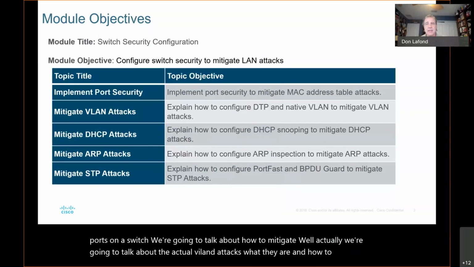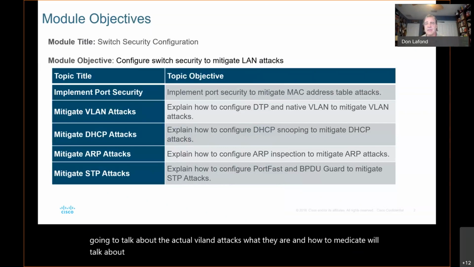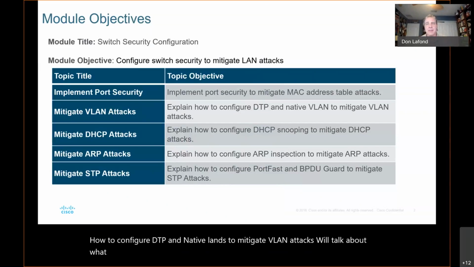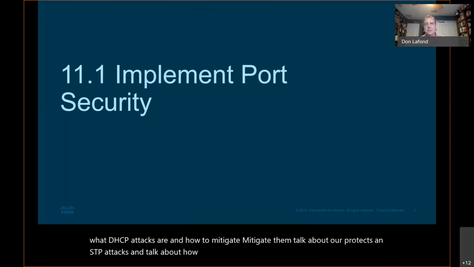We'll talk about DTP and how to configure DTP and native VLANs to mitigate VLAN attacks. We'll talk about what DHCP attacks are and how to mitigate them. We'll talk about ARP attacks and STP attacks, and how to mitigate those issues as well.